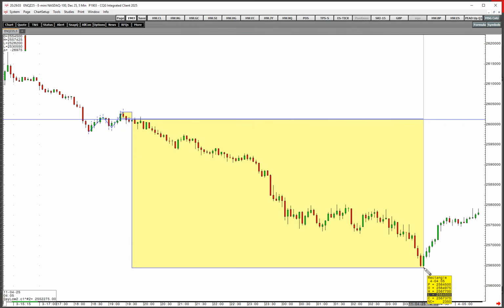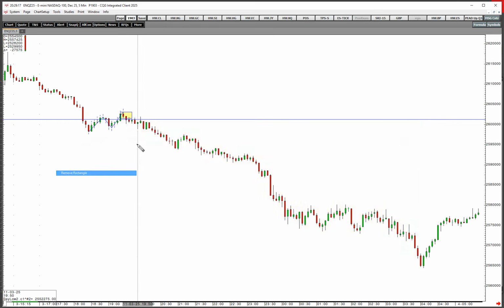But 25,645, 355, 370 points roughly from a 15-point risk. That's 20 times your risk, more than 20 times your risk.